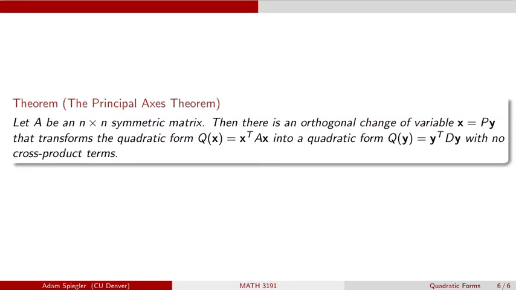The process we went through in the previous example is one case of showing why this theorem, the principal axis theorem, holds.